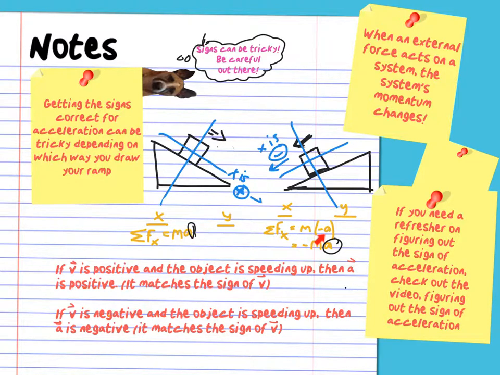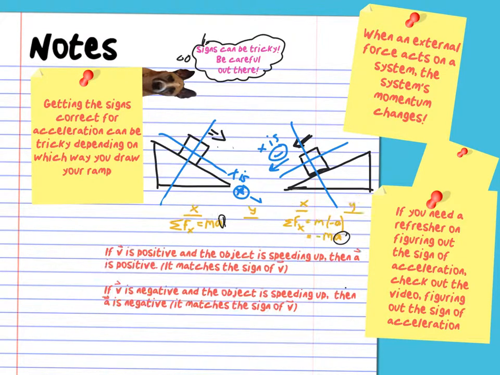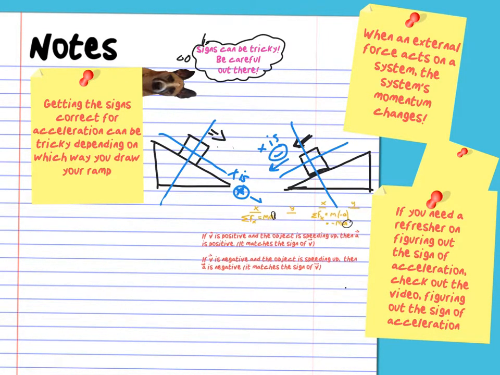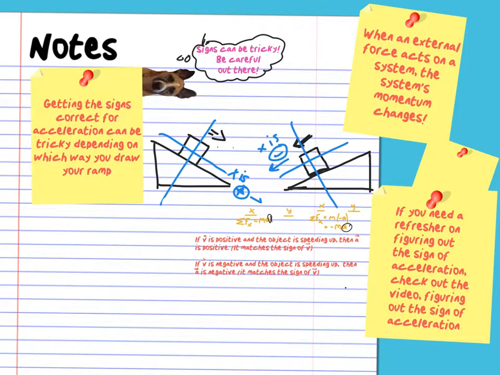Now, I want to avoid you making mistakes. So if you are writing the sum of your forces, say in the x equals ma, starting with this, then let's just take this for example.